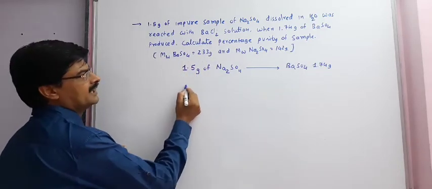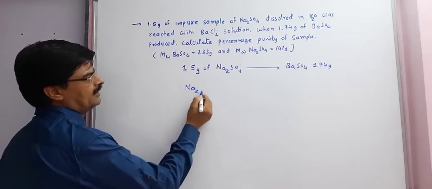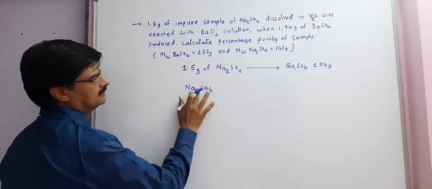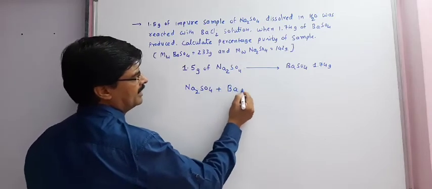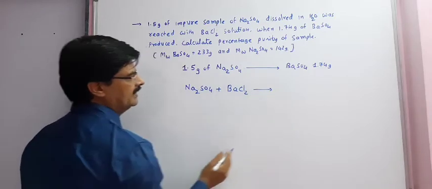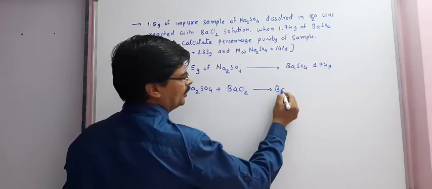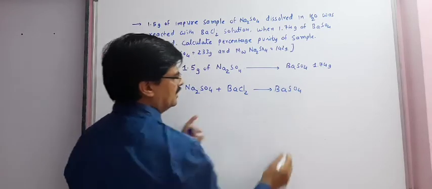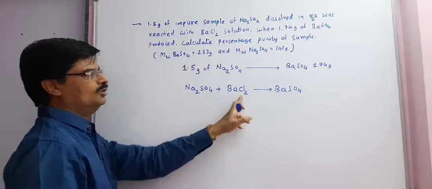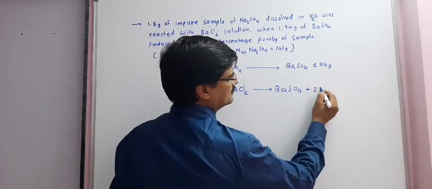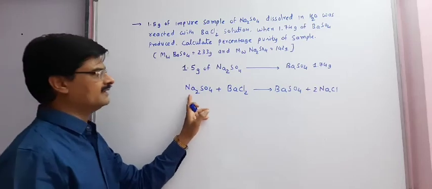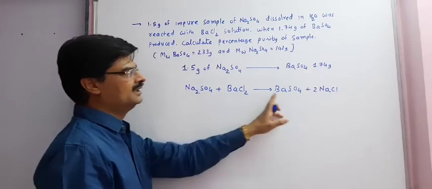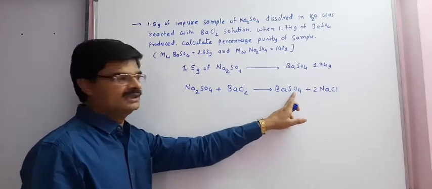And the reaction that takes place is Na2SO4 plus barium chloride BaCl2 will give BaSO4 and 2 moles of NaCl. So from this reaction we can say 1 mole sodium sulfate gives 1 mole barium sulfate.